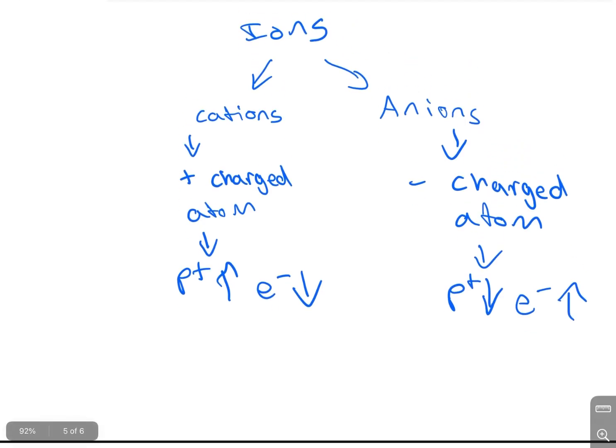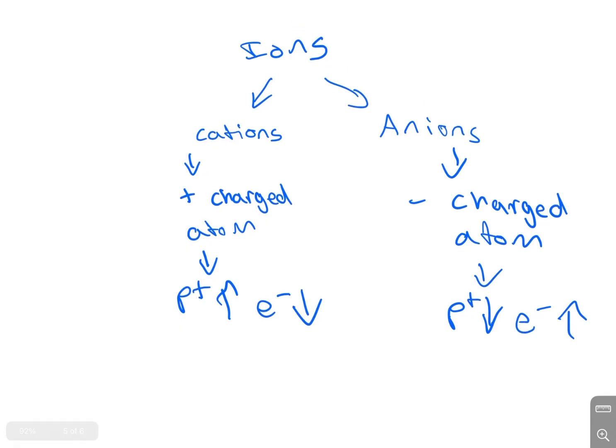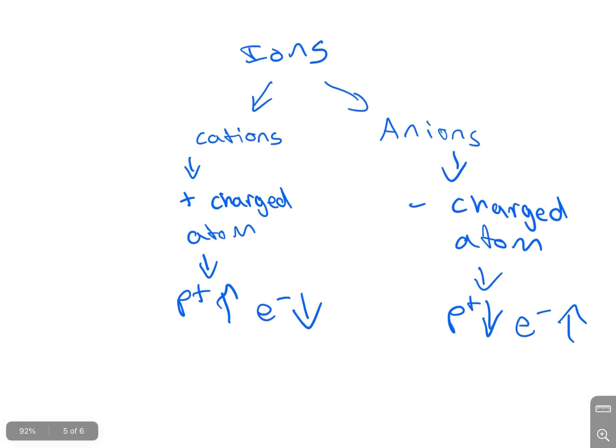So you can see that ions divide into two categories: either cations, positively charged, or anions, negatively charged. Any atom that is charged, negative or positive, can be classified as a cation or anion.